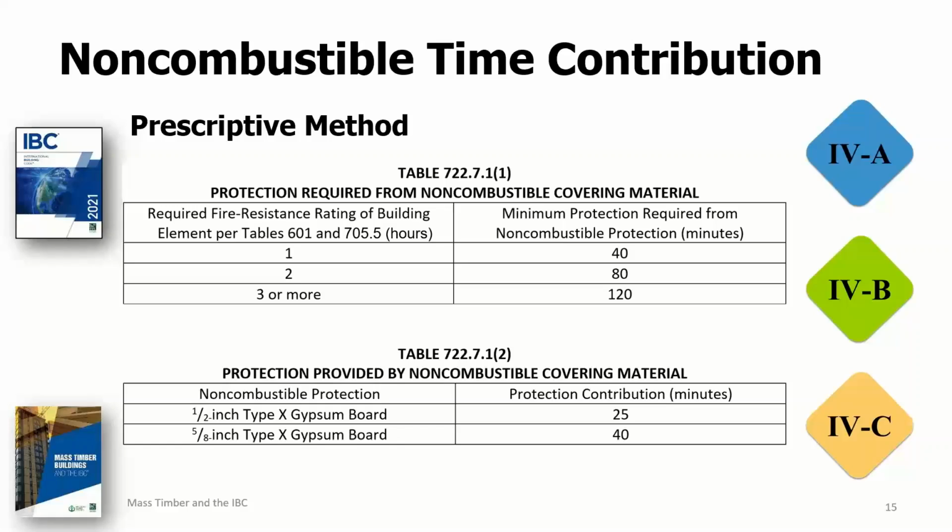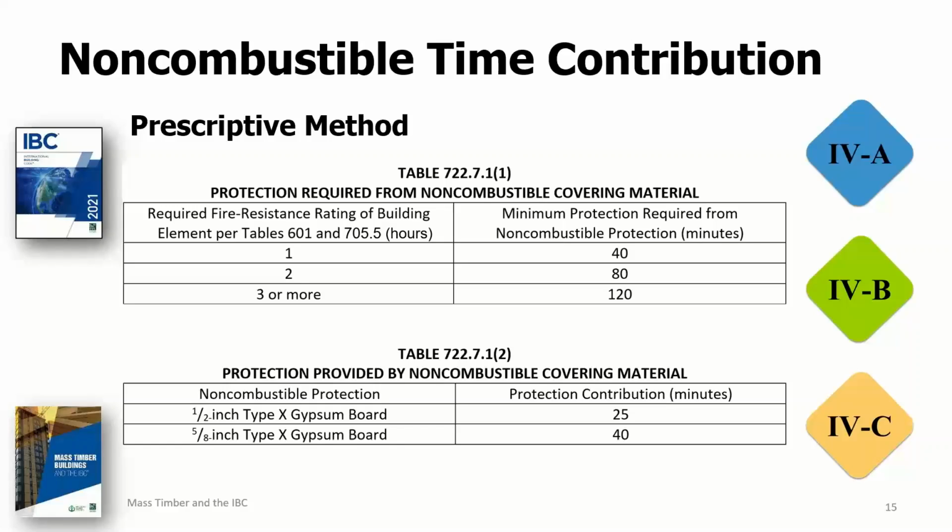And you have table 722.7.1 parent 2, which is the table shown here at the bottom that indicates a prescriptive amount of fire protection that can be assumed to be attributed to, in this case, gypsum or whatever non-combustible protection you have.